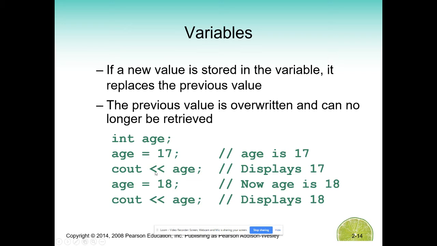The equal sign means assignment. Now you're saying print age, and age is printed as 17. Now you're resetting age to be 18. If you say cout age, what prints? 18. Does that make sense?